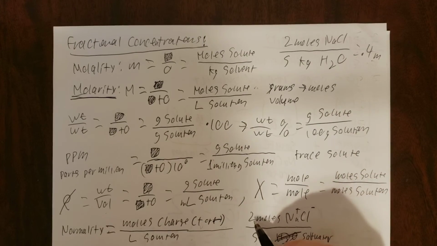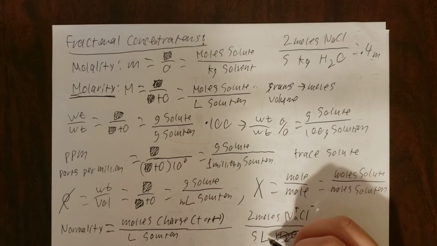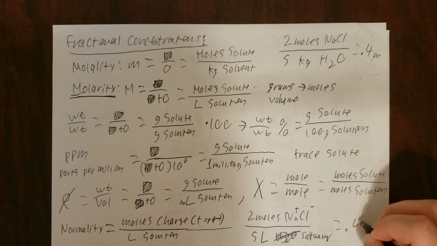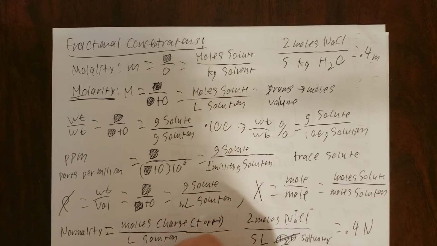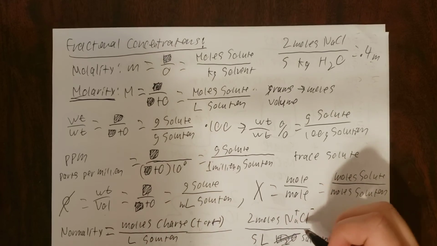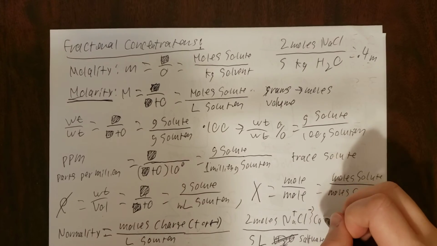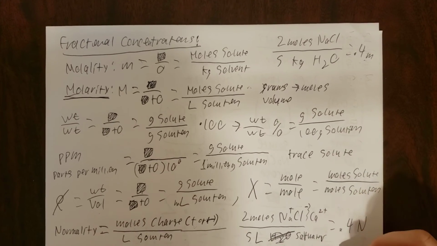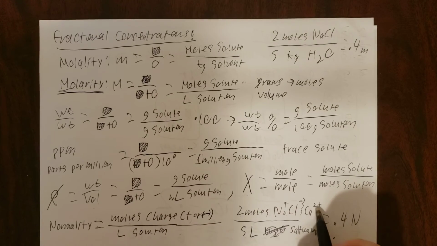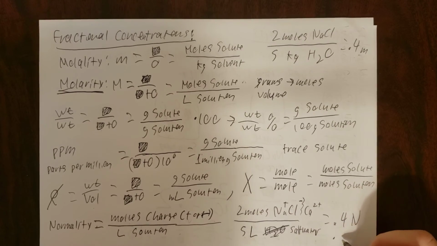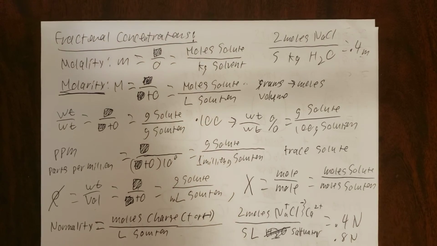We have 2 moles of charge per 5 liters, which comes out to 0.4 normality. But if we were to have something like 2 moles of, let's say, calcium 2 plus, then we'd have 4 moles charge because calcium has a charge of 2. So calcium would have 0.8 normality.